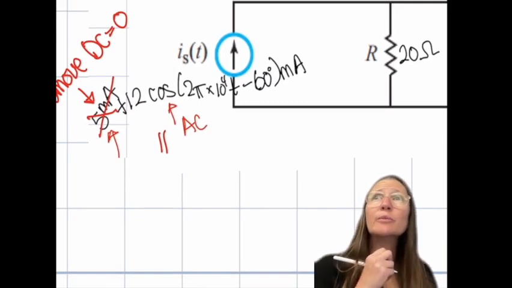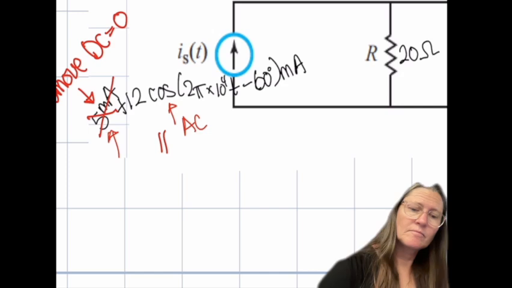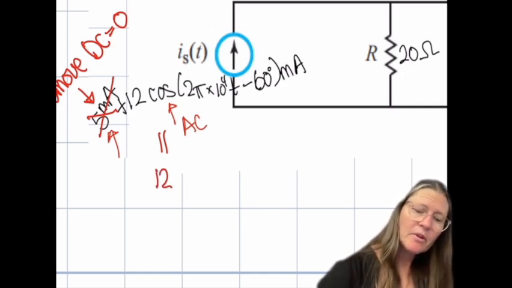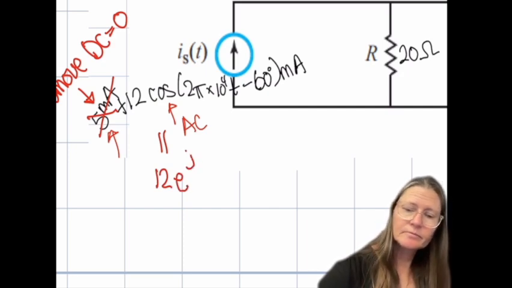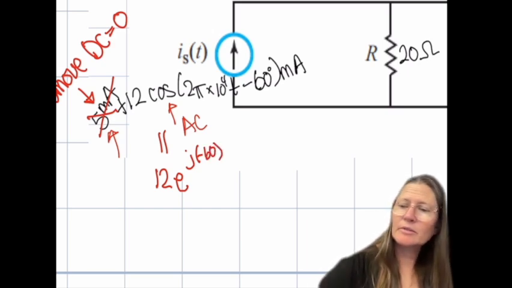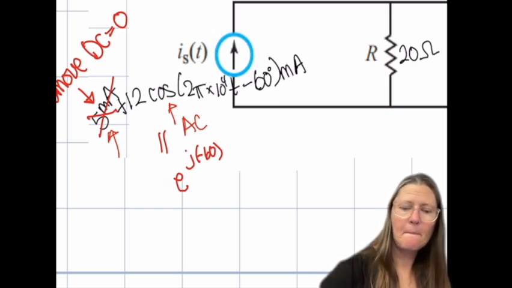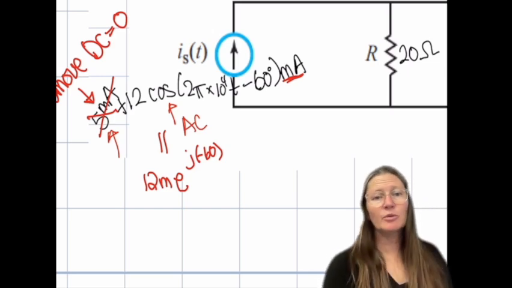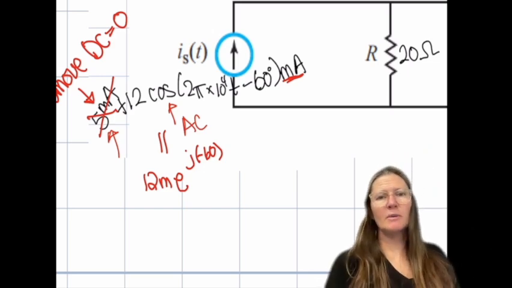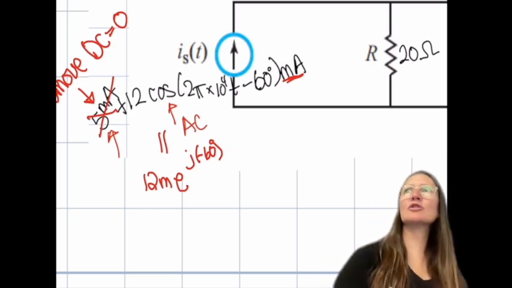What's the phasor of this one? Correct. And remember, it's 12 milli, because that can make a difference. So don't forget units. So we would do 12 milli e to the j minus 60, and these units are degrees.